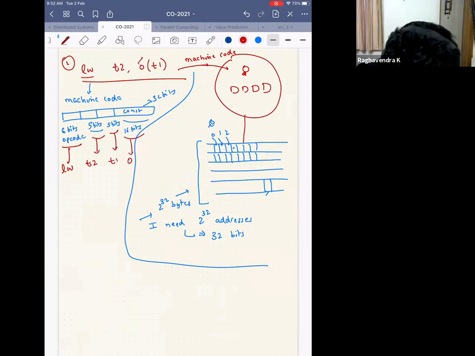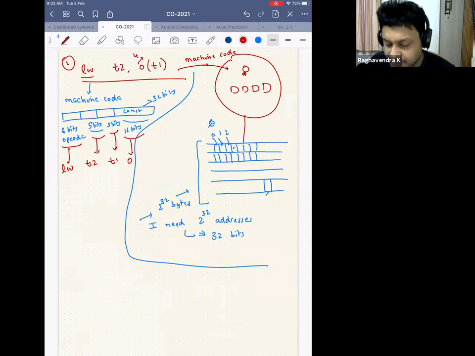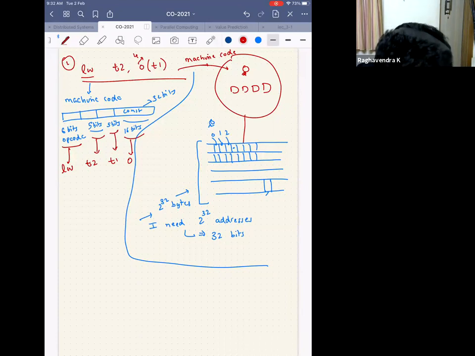It can be 0, or it can be 4, or it can be 8, it can be 3, it can be whatever it is. So when I say load word T2, 0 of T1, it means that I will add 0 plus whatever is there in T1, go to that particular memory location. Let's say T1 was 4, then I go to this memory location and read 4 bytes because I am saying load word.